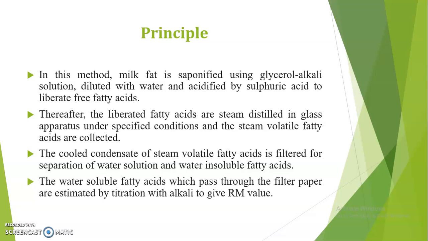The water soluble fatty acids which pass through the filter paper are estimated by titration with the alkali, that is the 0.1 normal potassium hydroxide, to obtain the RM value.